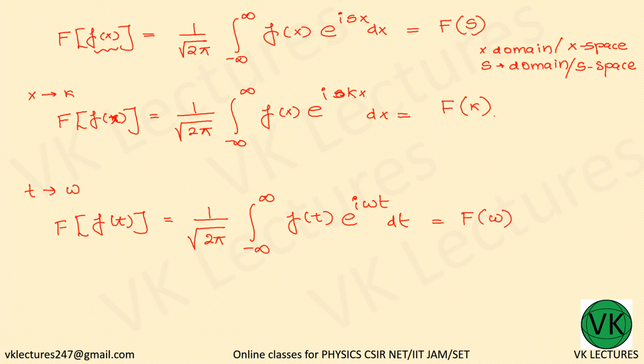By doing this you are moving from t to omega. Generally it is called time domain, and omega is nothing but the energy domain, or energy is proportional to frequency, so frequency domain. So energy and time domain.